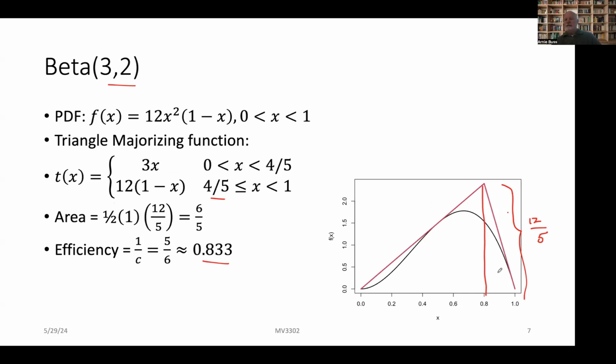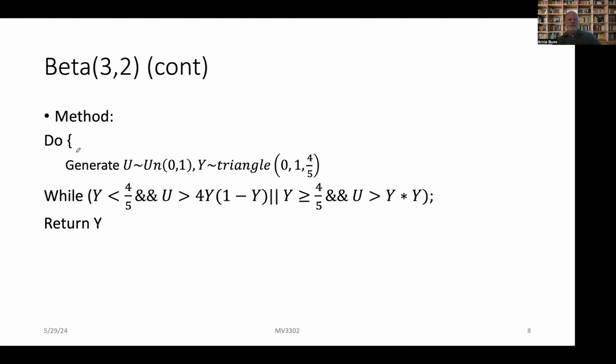And if our y turns out to be in this area, we need to look at this ratio. So those are the two different functional forms, and this is a way to combine all that into one Boolean expression. So y less than 4/5 and u bigger than this ratio, or y bigger than 4/5 and u bigger than the square.